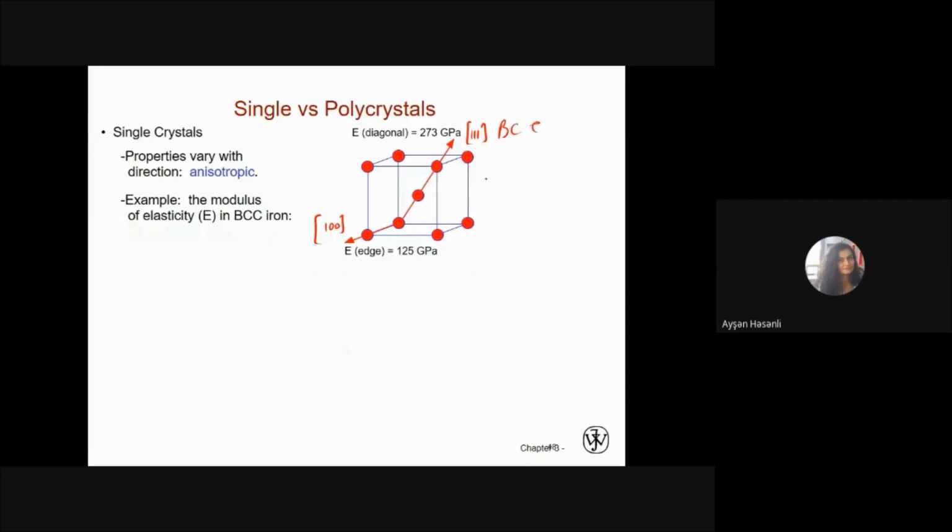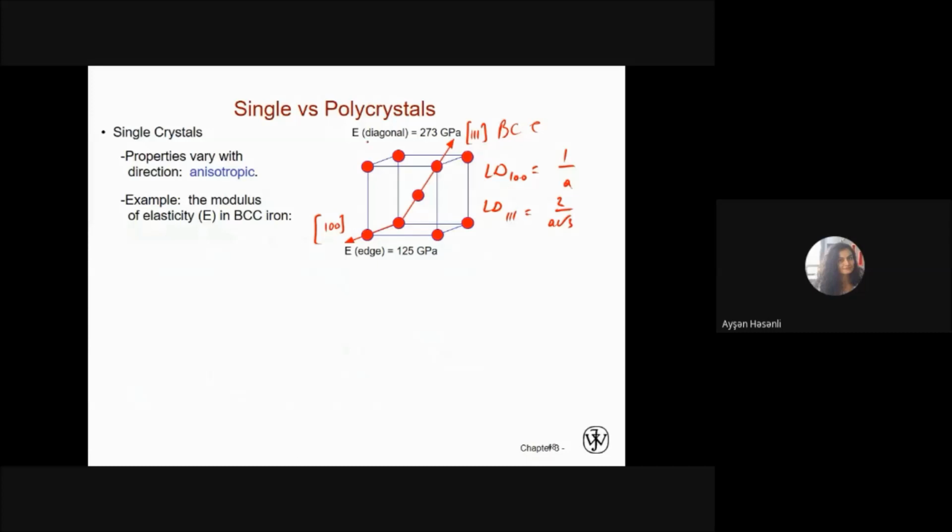If I calculate linear density for both, for this one it will be 1 atom over A. For 111 it will be 2 atoms over A times square root of 3. So linear densities vary. That means this material will have different mechanical properties.